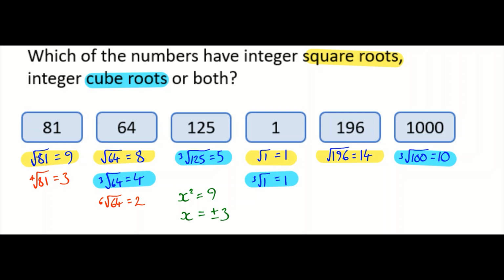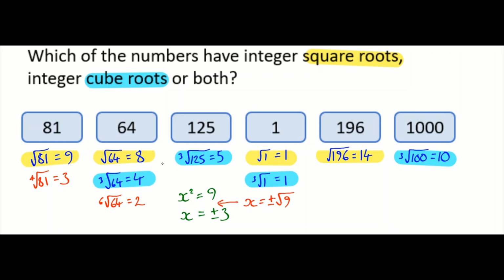And yet here I haven't written root 81 is plus or minus 9, or root 64 is plus or minus 8, and so on. The reason for this is that the missing step that would go here would be that x is plus or minus the square root of 9. The square root symbol itself means the positive square root of. So if we just write the square root symbol, it's just the positive number.